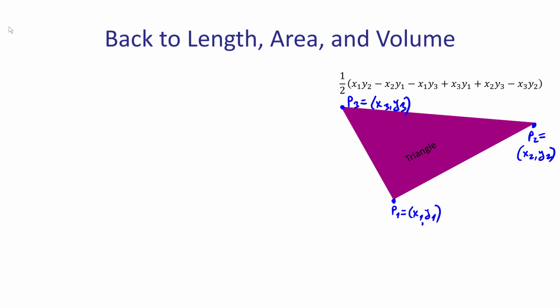So this area equals the following determinant: 1 over 1 multiplied by 2, and the determinant of x1, y1, 1, x2, y2, 1, x3, y3, 1.